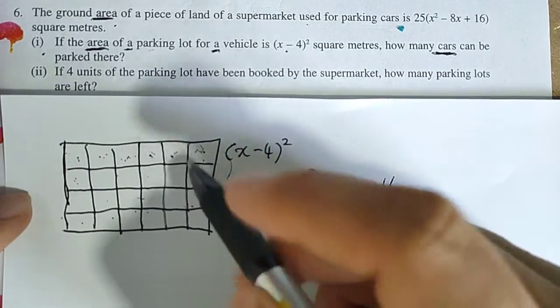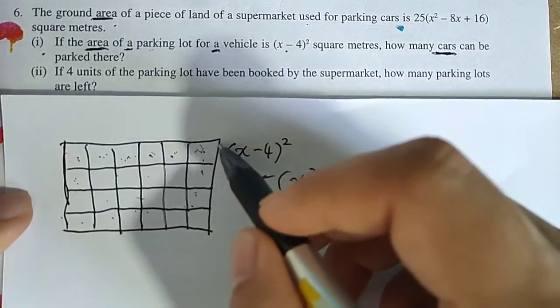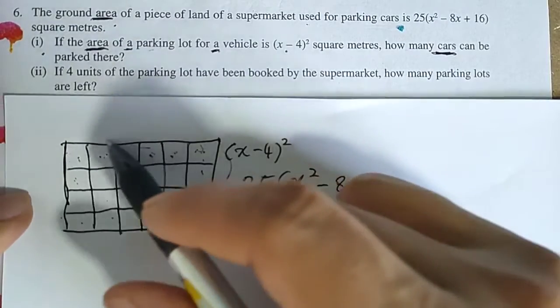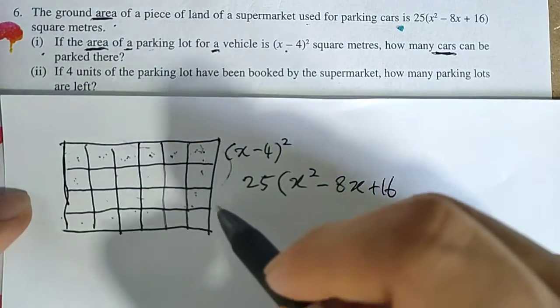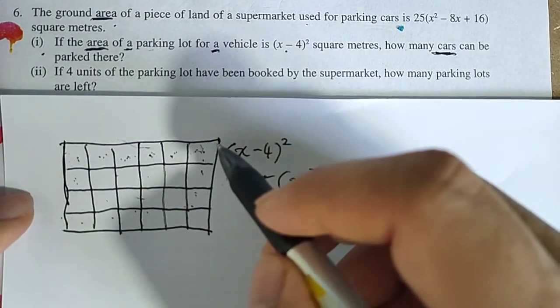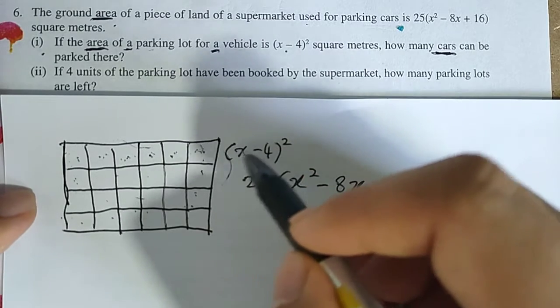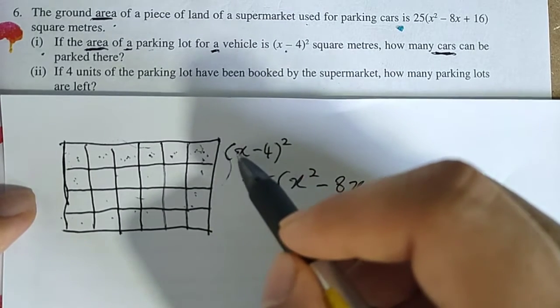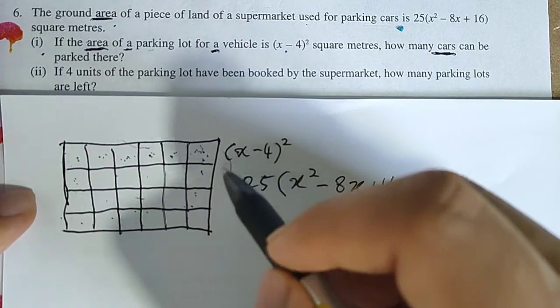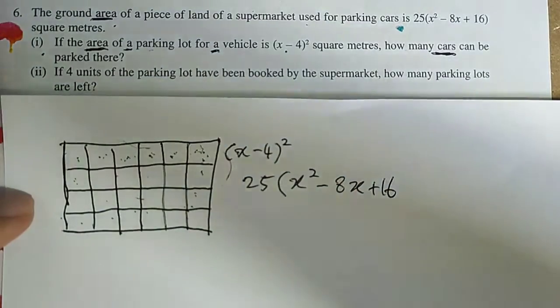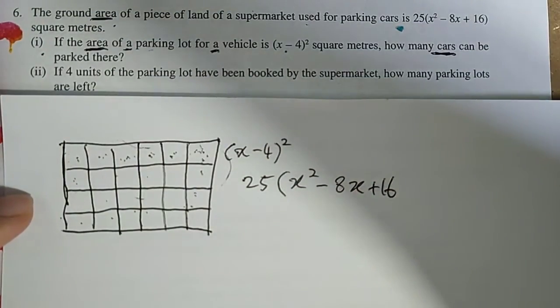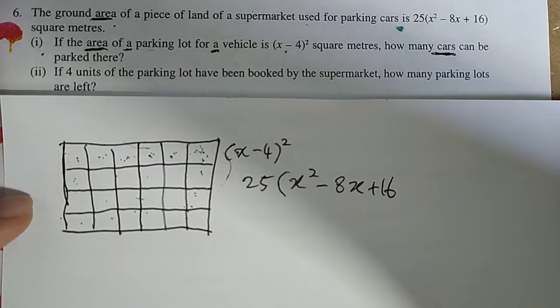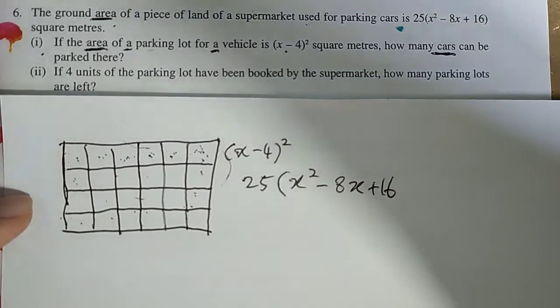But this time we don't know. All that is given to us is the area of all the car parks and the area of one car park. So do you have any idea how to find how many parking areas there are?